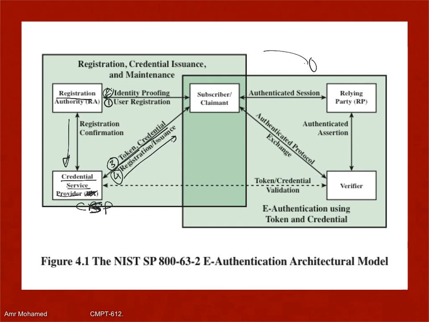So the outcome is that you have confirmed credentials and a token which confirms that. Then later on, the subscriber or the claimant can use these credentials and the token to verify himself as an authenticated person to access a relying party, a server, or a service.